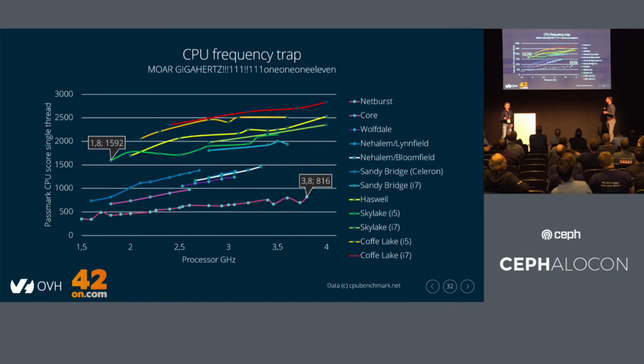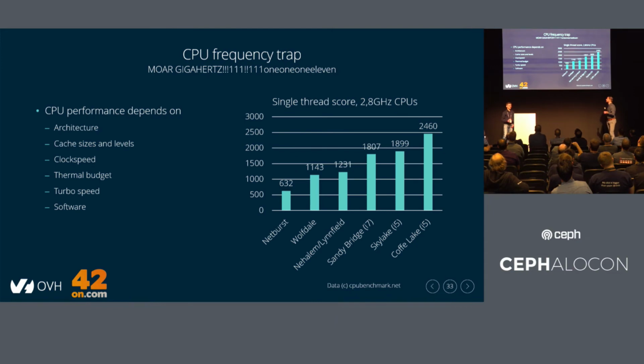We are not speeding up, but we are going up. To make this even more striking, on the right you can see a graph of some CPUs. All of them are at 2.8 gigahertz, and they have totally different benchmark scores.